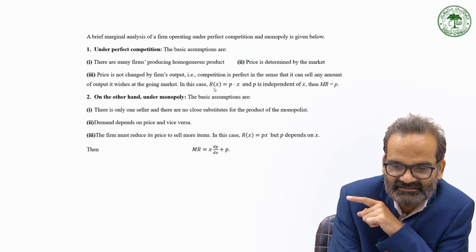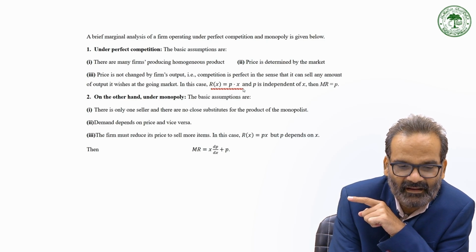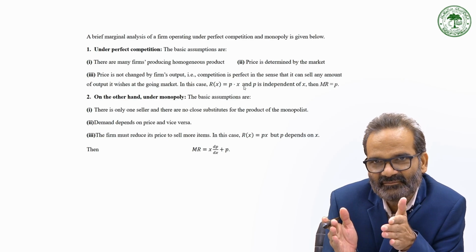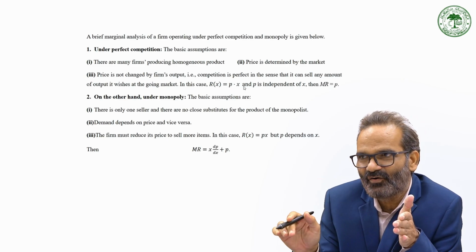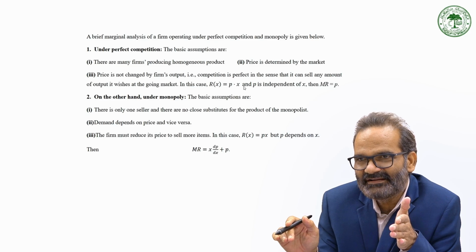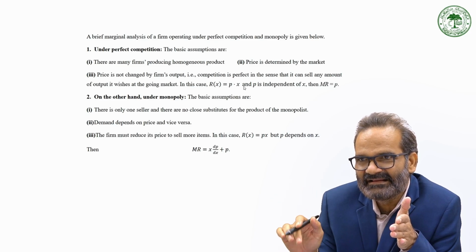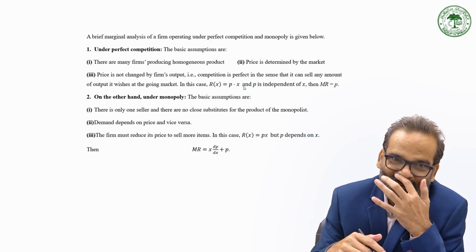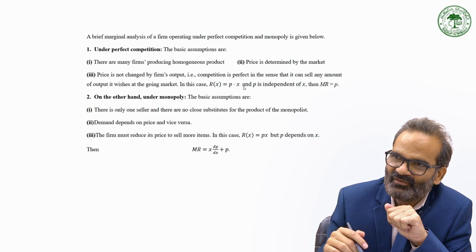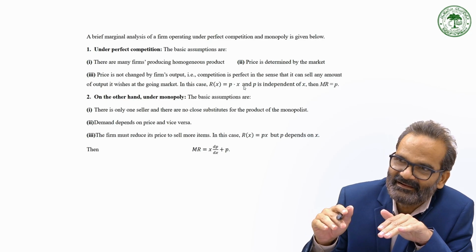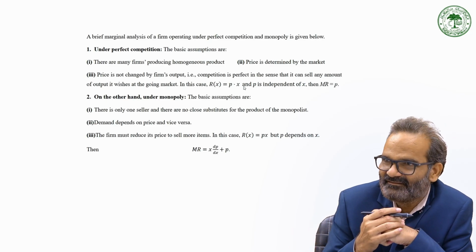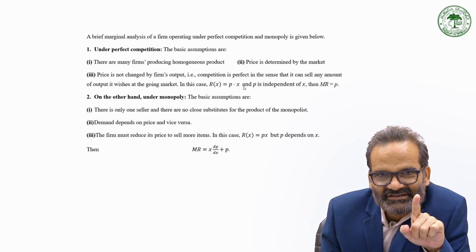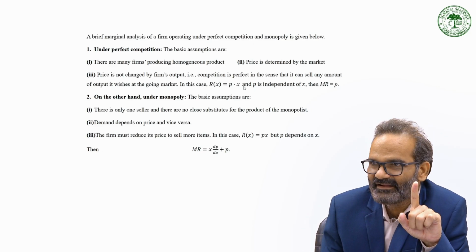If R(x) is equal to Px, in case 1, under perfect competition, P should be treated as a constant, because P is independent of X. The quantity demanded in the market may increase or decrease, but P will remain fixed. It can never change. But on the other hand, under monopoly, what is happening? Prices are decided by the producer or the manufacturer. So P completely depends upon X. So P should be treated as a variable, not a constant.